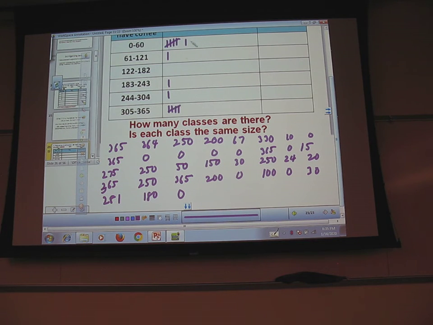Next. 0. 15. 375. 250. 50. 150. 30. 250. 24. 20. 365. 250. 365. 200. 0. 100. 0. 30. 281. 180. 0.